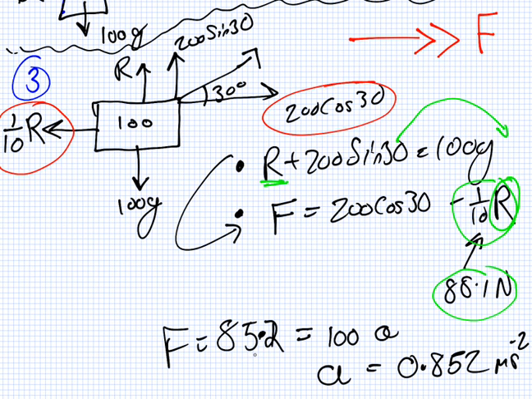This 85.2 is the answer you get after you do this one minus this one. So this 85.2 is this minus this. Yes, okay. Because I typed in 200 cos minus 88.1 and I got this answer.